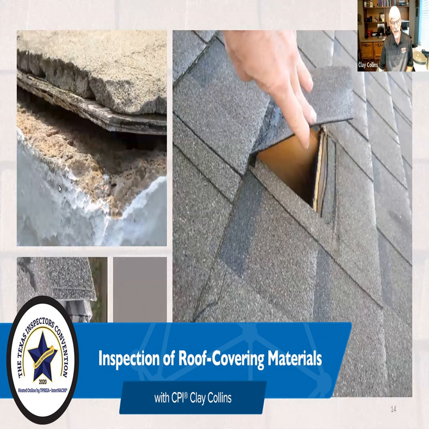So the overlaying shingle may be adhered right here, I consider this wrong, but wind can still get under there and lift the whole thing up. So those nails, according to the manufacturer, need to be much closer down here.